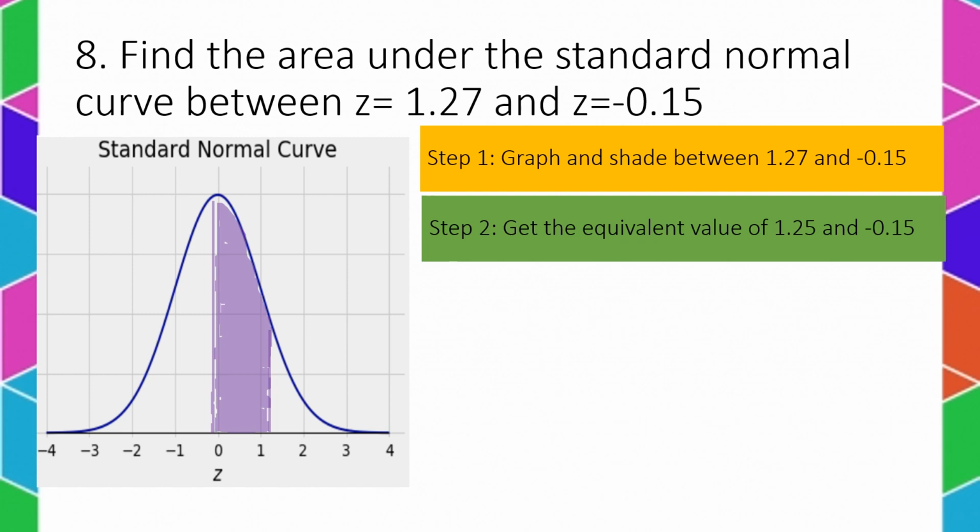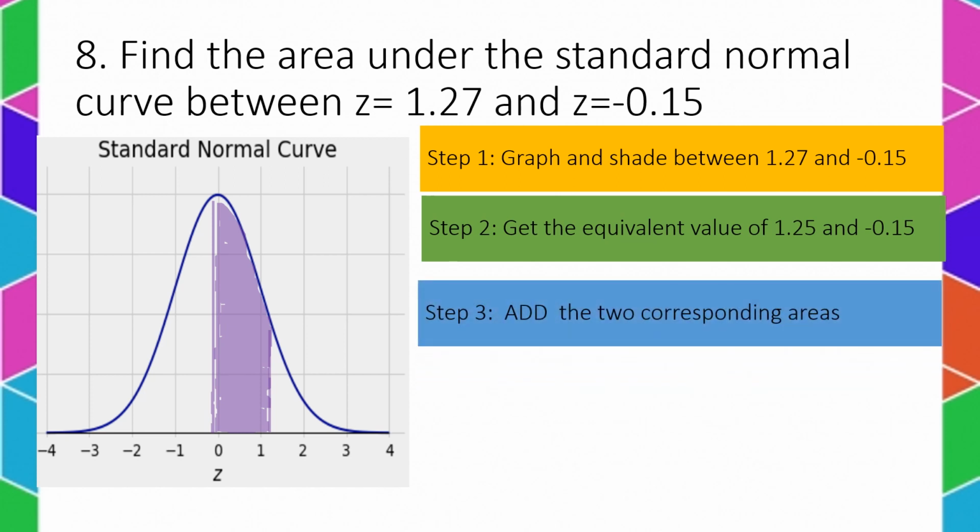Okay, proceed to step 2. Get the equivalent value of 1.27 and negative 0.15. Okay? Then, you are going to add the two corresponding areas. So, unlike signs, different signs, you add the two corresponding areas.